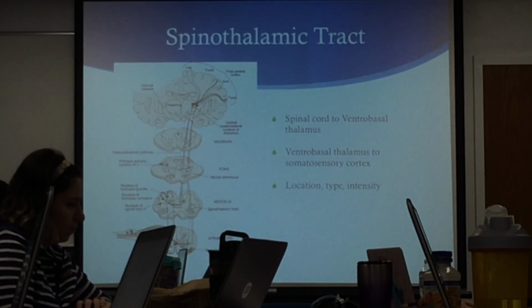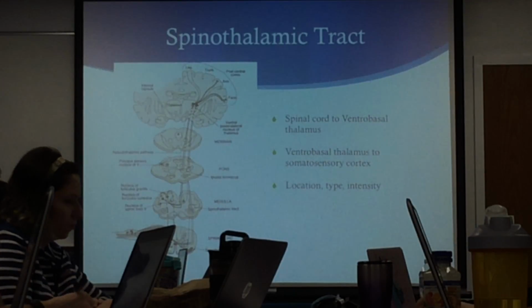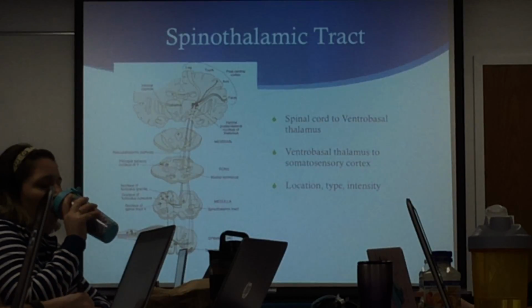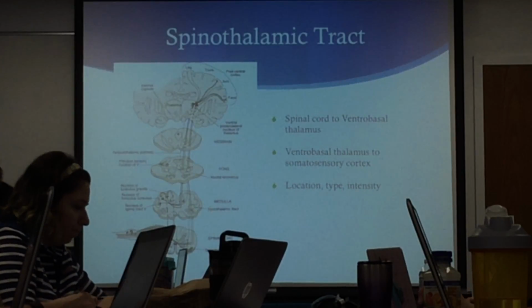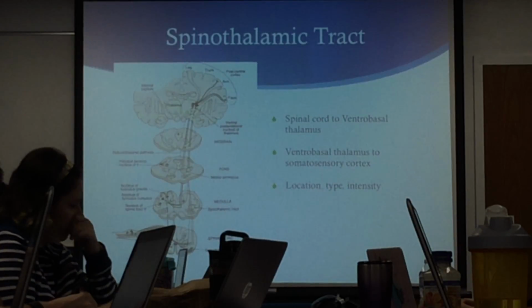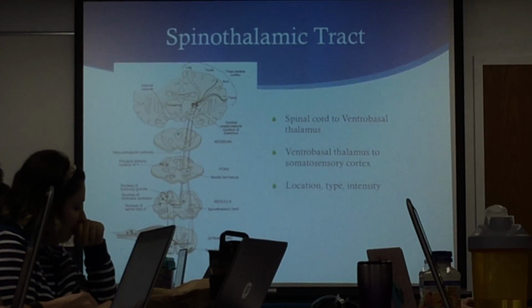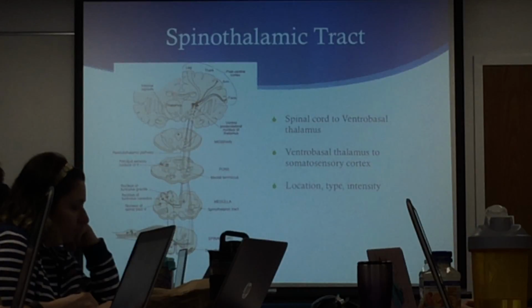So that's how it encodes location, and within each location there are neurons that differentially encode stimulus type, and firing rate will also encode. So that's basically how you get that information from the periphery to the central nervous system to encode what type of pain it is, where it is, and how bad.